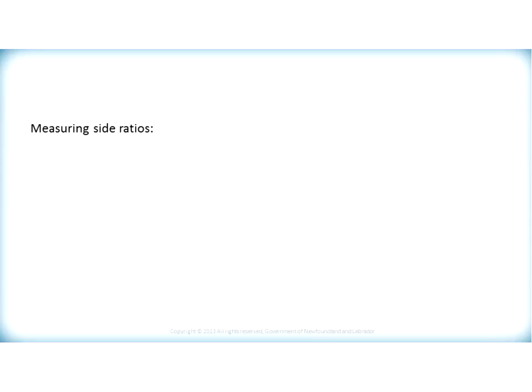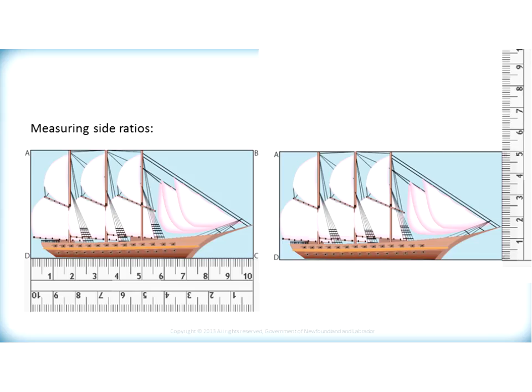Now we're going to look at measuring our side ratios. In order to do that, you have to measure both the length and the width of your image and your object. Here you can see I've measured one length and one width of my object. If you do that for all the sides in your object and your image, you're going to find that side AB is equal to 10.